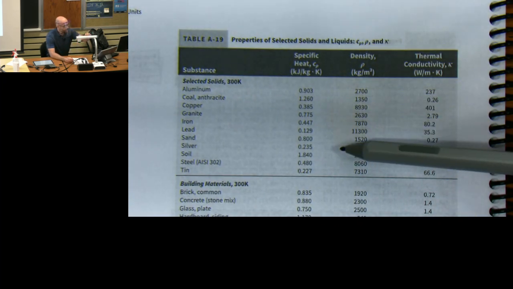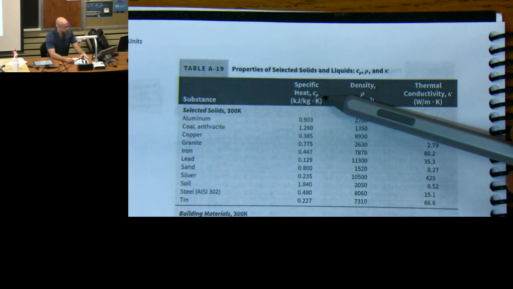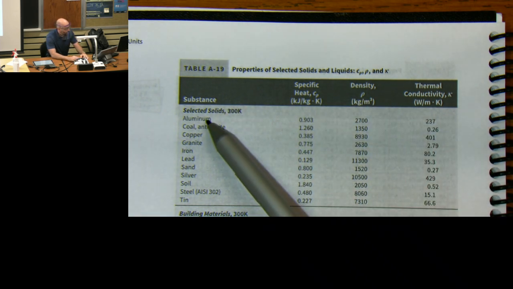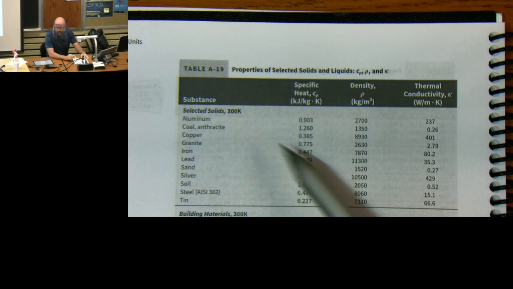It gives us the specific heat, but it only gives us C sub P. Here it doesn't matter, C sub P or C sub V, because for incompressible substances we're saying they're the same number. It gives selected solids at 300 Kelvin. Right now we're at 303 Kelvin, since 30 degrees Celsius is 303 Kelvin.